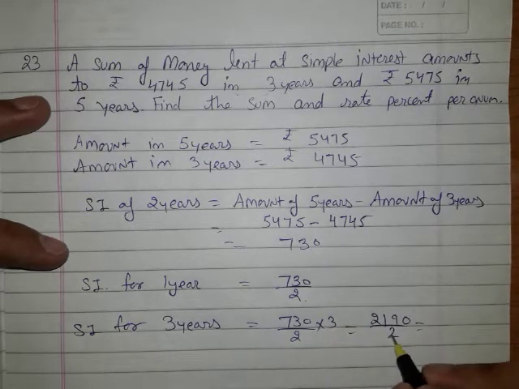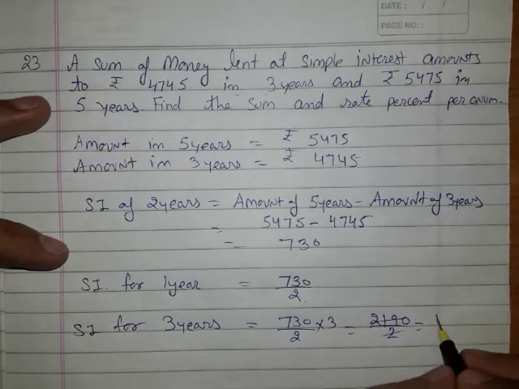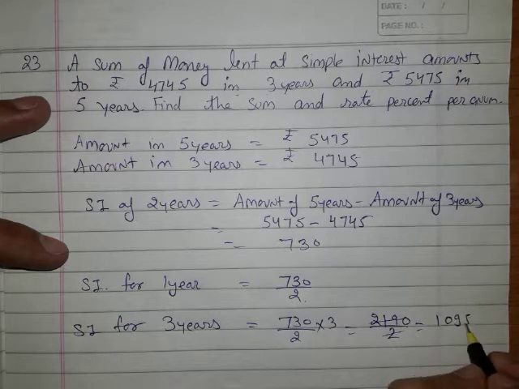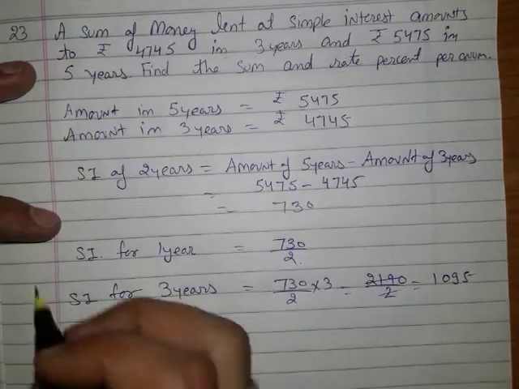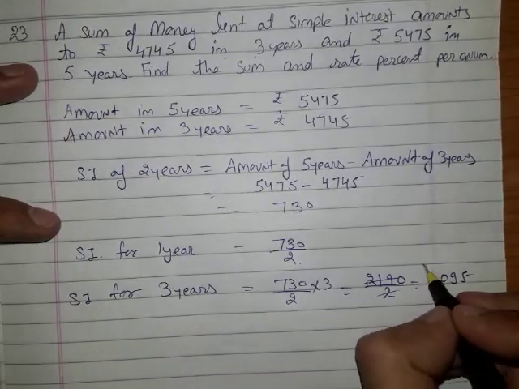If you cut this, it will come 1095. So simple interest for 3 years is 1095 rupees.